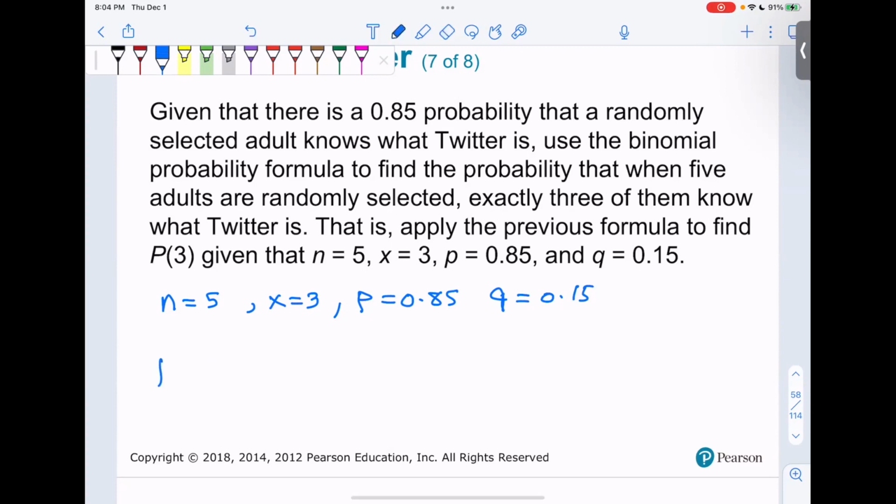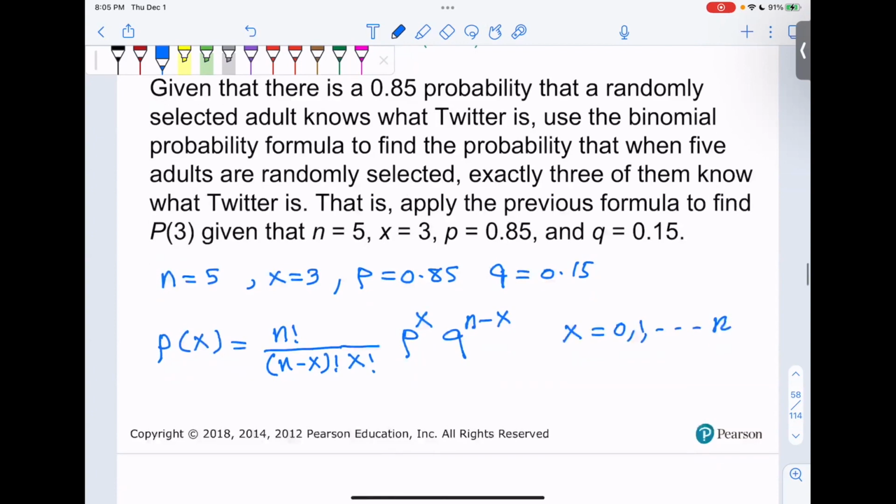P(x) equals n factorial divided by (n minus x) factorial times x factorial, times probability of success to the power of the number of successes, and then probability of failure to the power of n minus x, the number of failures. And x will take 0, 1 till n, okay?